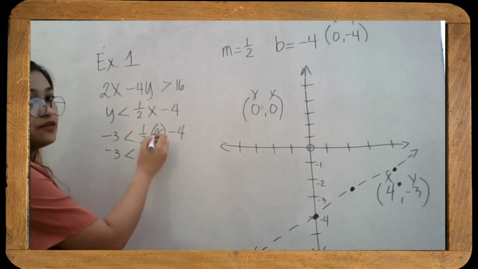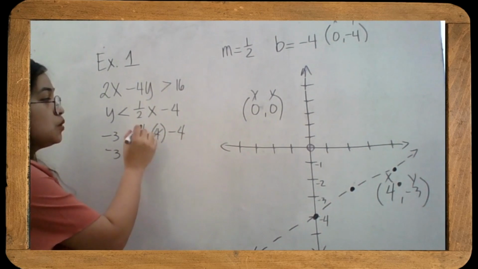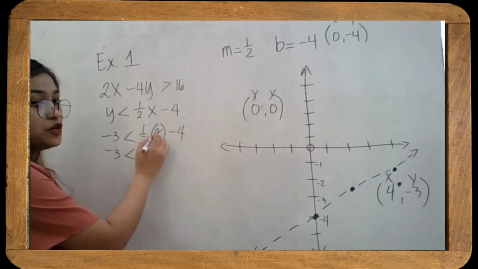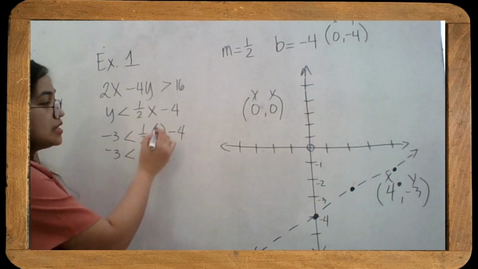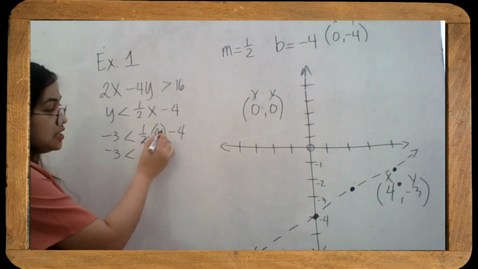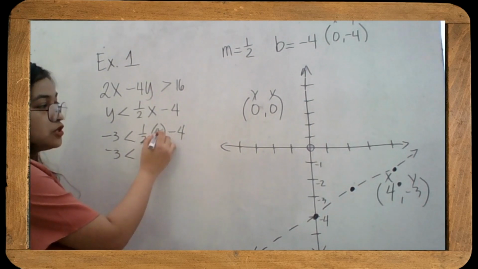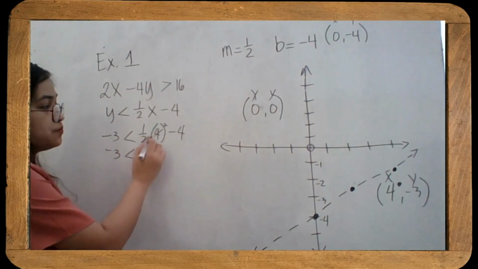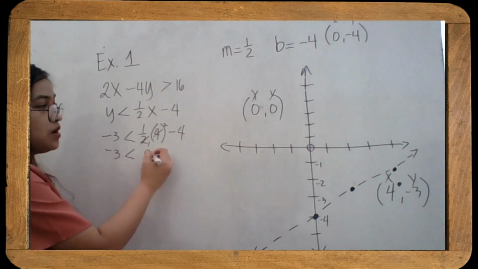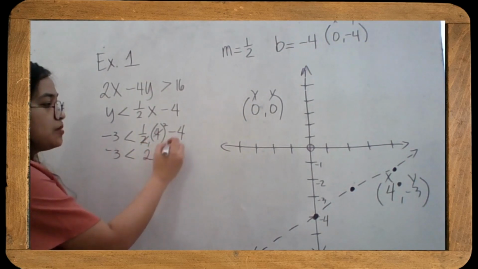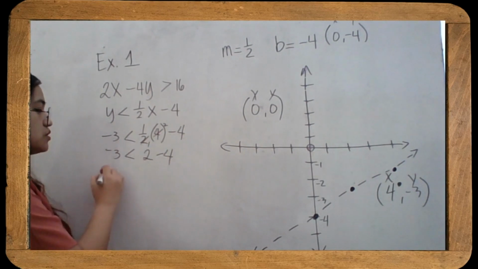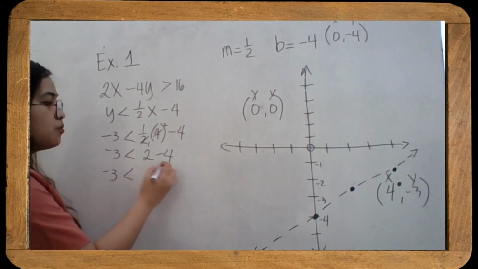Divide by 2. O kaya ang gawin nyo, 1 times 4 is 4. Divided by 2 is 2. Or yung cancellation, kung mas gusto nyo yung cancellation, 4 divided by 2 is 2. 2 divided by 2 is 1. Okay? And then we have 2 minus 4. So, negative 3 is less than 2 minus 4.